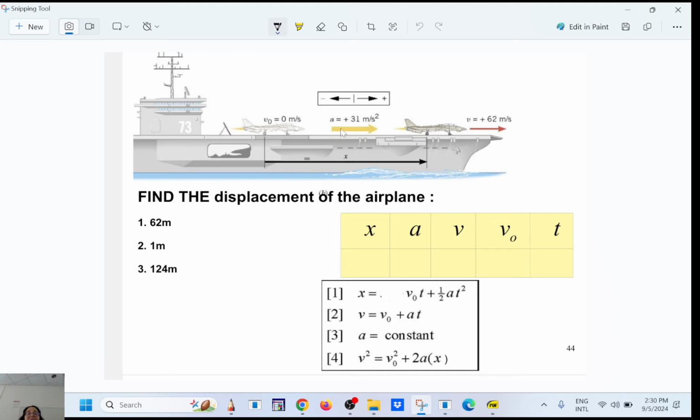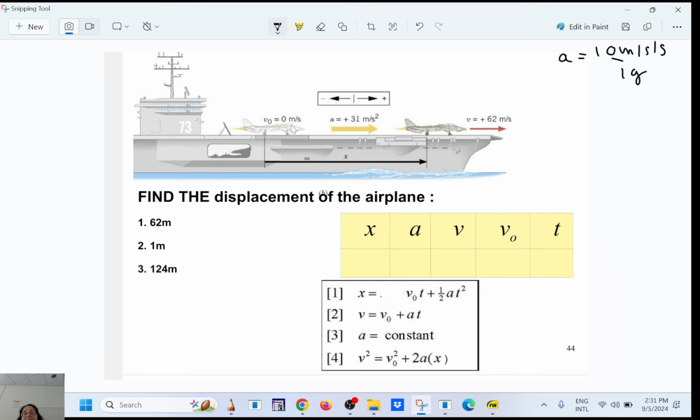You see there is a huge acceleration. How do you know if it's huge or not? You compare to the acceleration due to gravity, which is 10 meters per second squared, which is 1 g. So this is about 3 g.